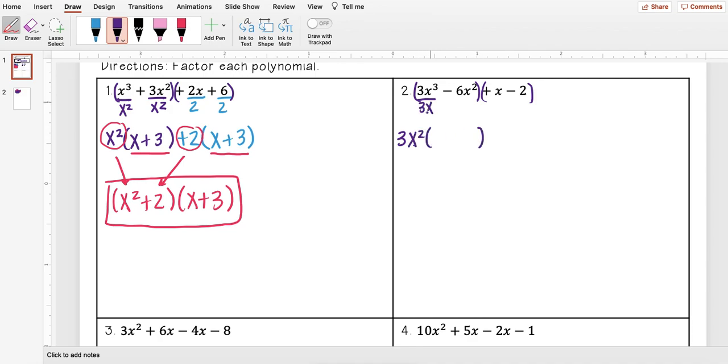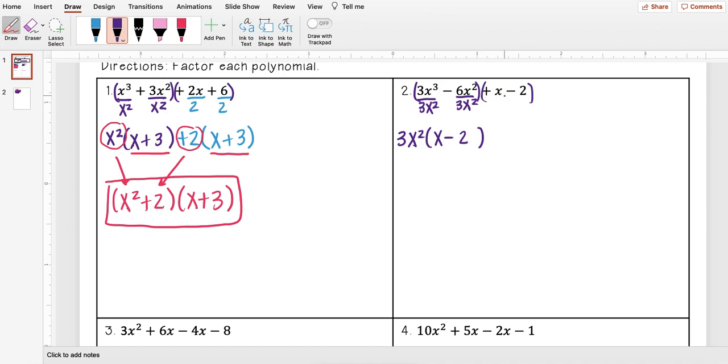So I'm going to divide both of these by 3x squared. 3 divided by 3, I get 1. X cubed divided by x squared, I get x. Minus 6 divided by 3 is 2. X squared divided by x squared is just 1, so those cancel out.